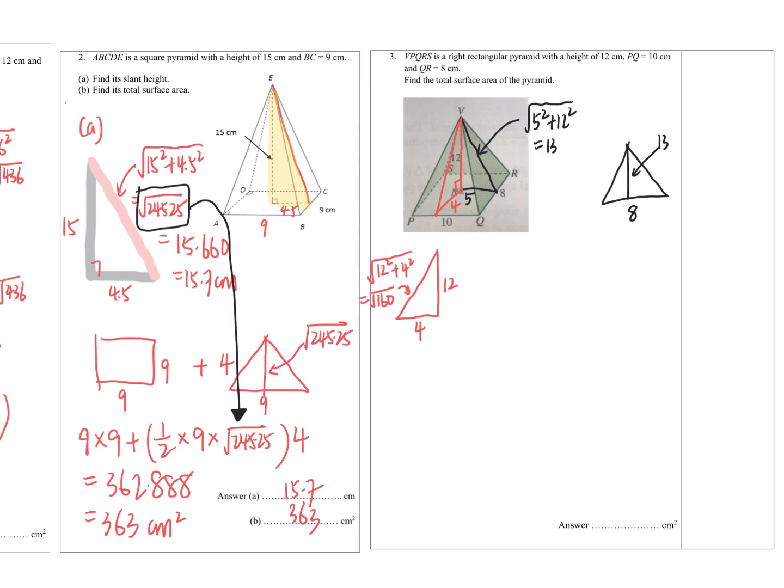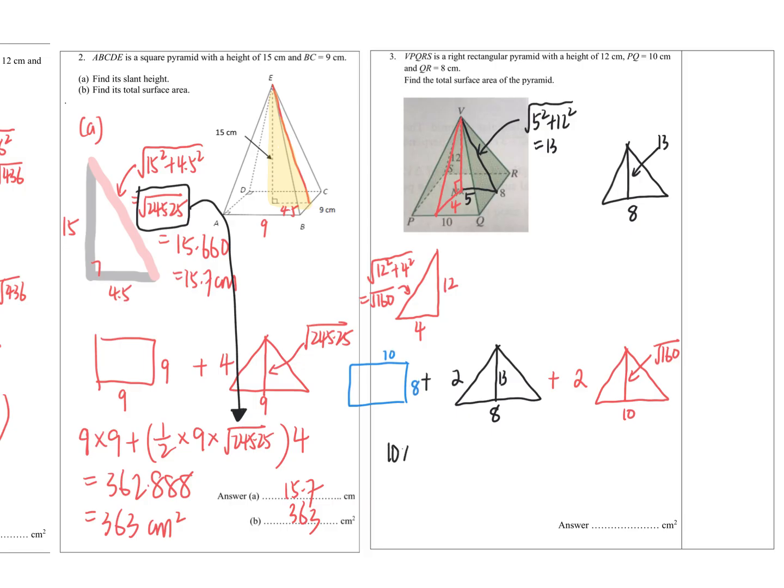Okay? So, I need you to find this one. This one bottom is 10. I have two of them. This one, the height is 13. I have two of them. And then my rectangle, 8 by 10. So go and find the total. 10 times 8. 2 of half times base times height. 2 of half times base times height.